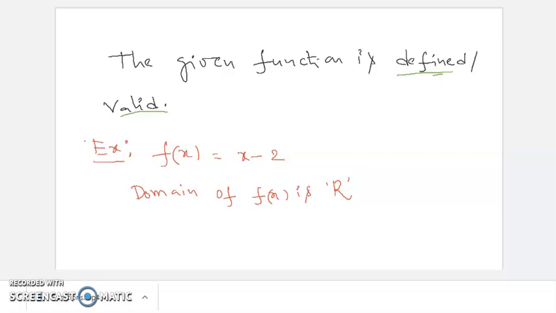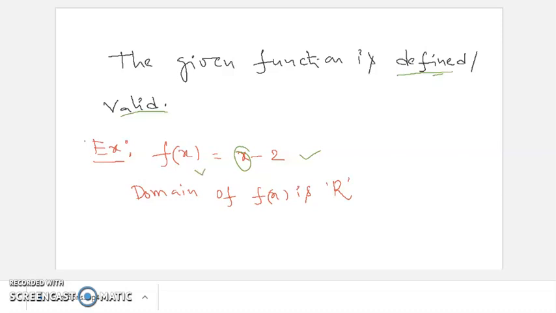For example, the given function is f of x is equal to x minus 2. Clearly, for any value of x, if we take any real number in place of x, the value of the function is defined.